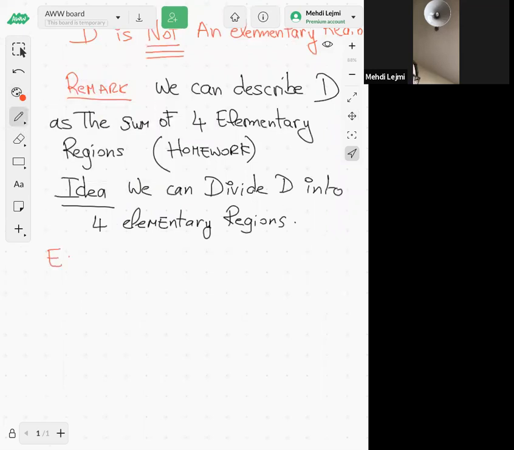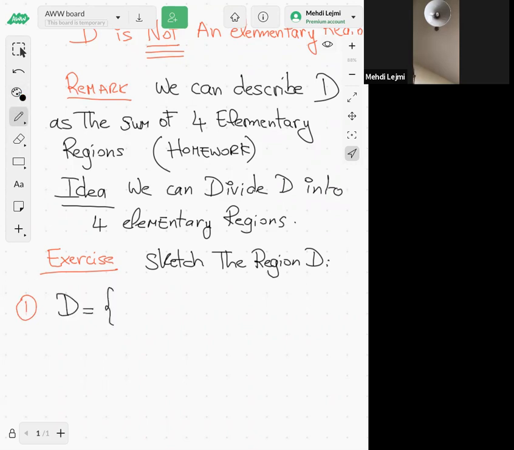So, the exercise is to sketch the region D. For example, number one: D is the set of (x, y) where x is between 0 and 3, and y is between minus x and positive x.